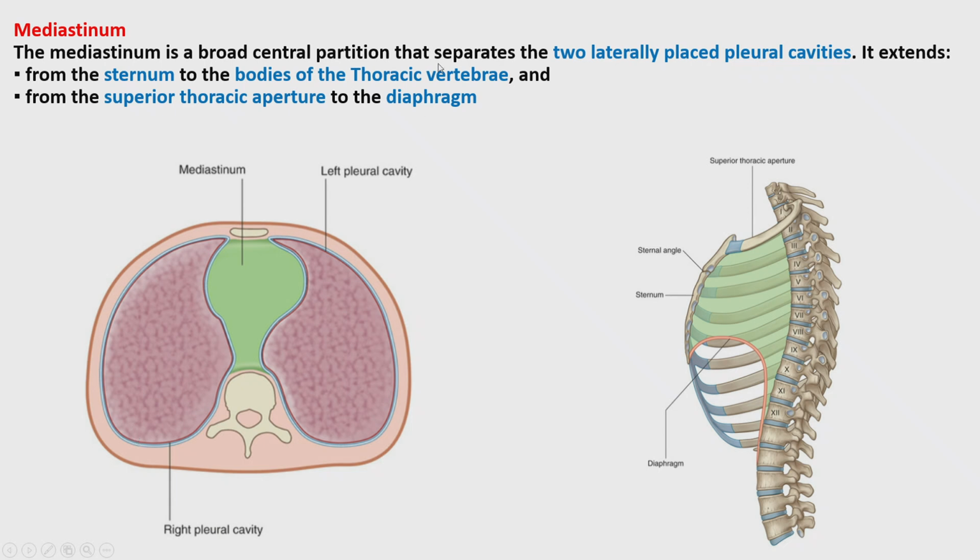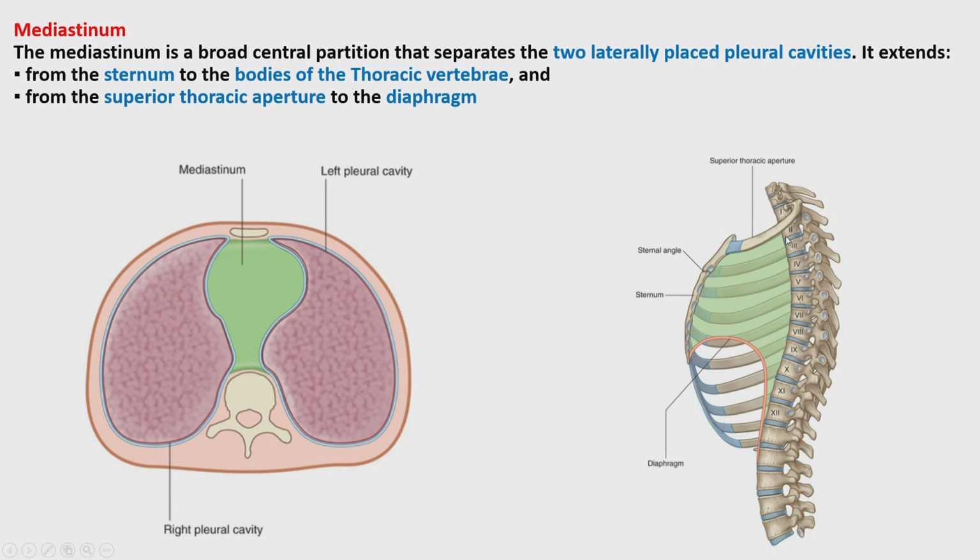It's not difficult. It's written: superior thoracic aperture. What is the inferior border of the mediastinum? Diaphragm. What is the posterior border? The thoracic vertebrae from 1 to 12, and the ribs attaching to these vertebrae.